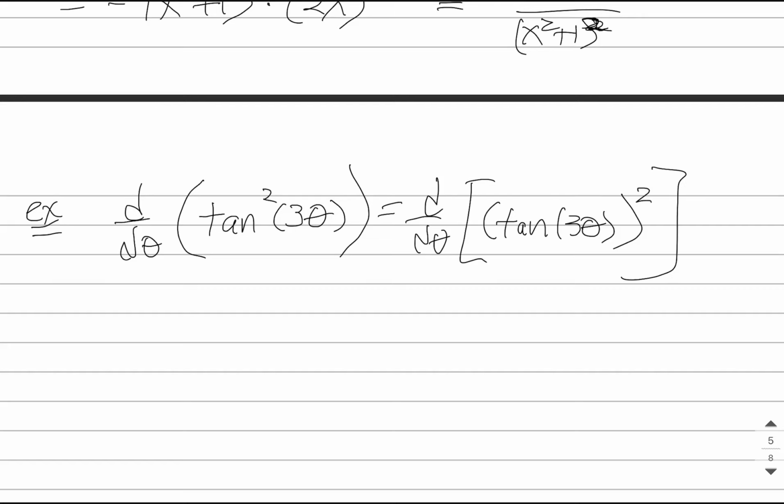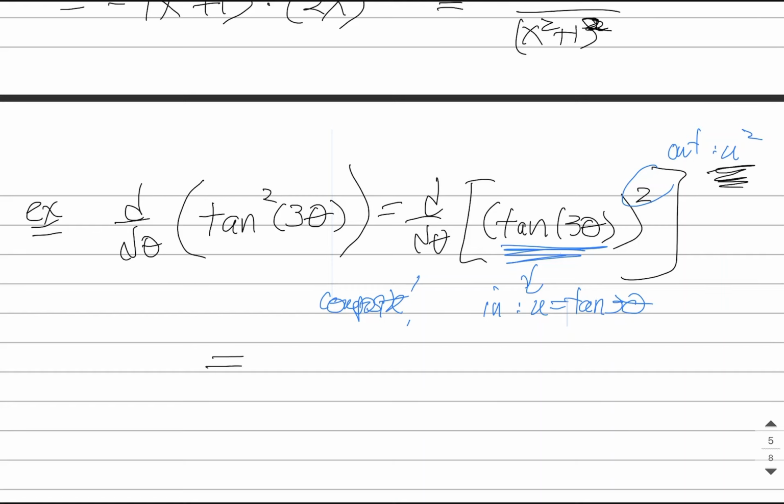So the square power on that tangent is in fact the entire expression squared. So this is a composite function. This entire expression here will be the inner part. So we'll say that u is tangent of 3 theta. And then the outer part would just simply be u squared.